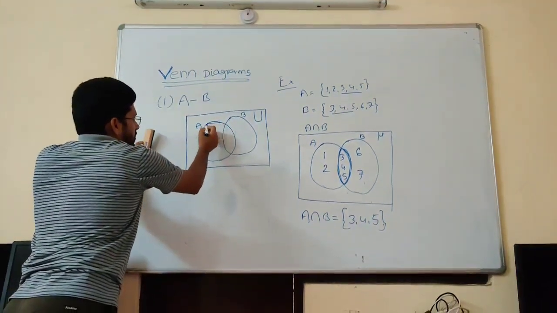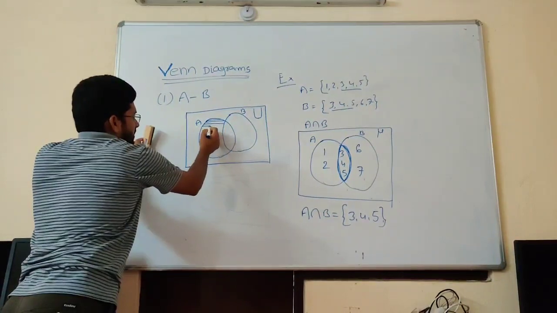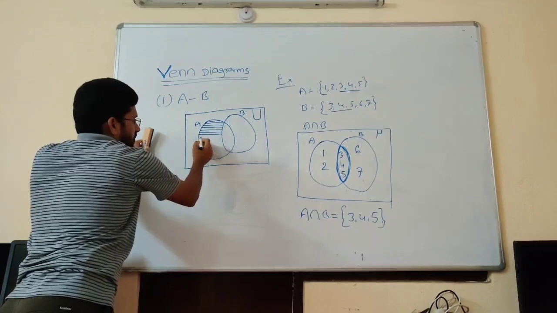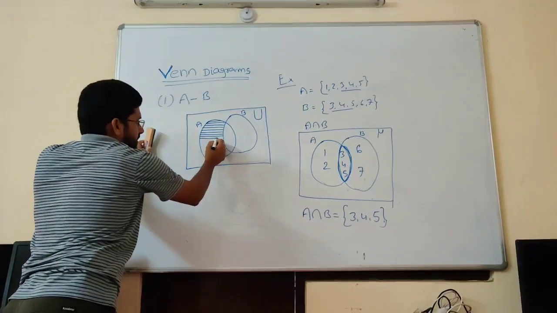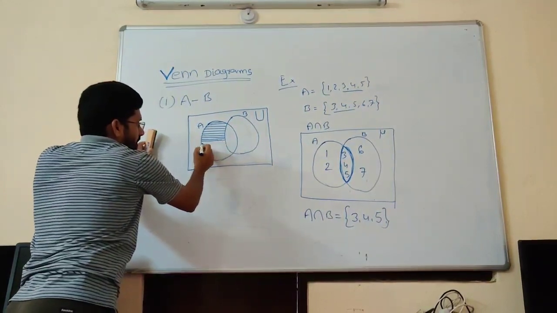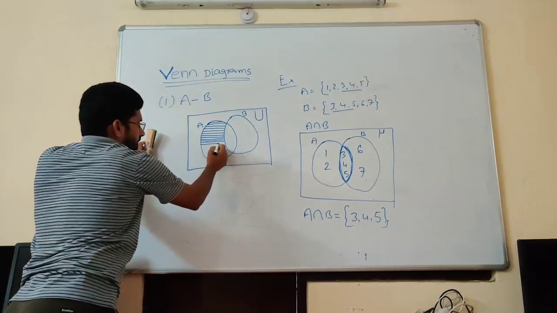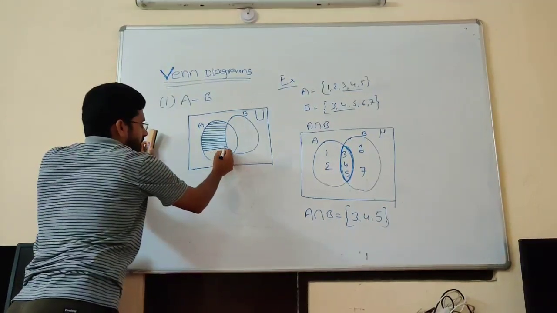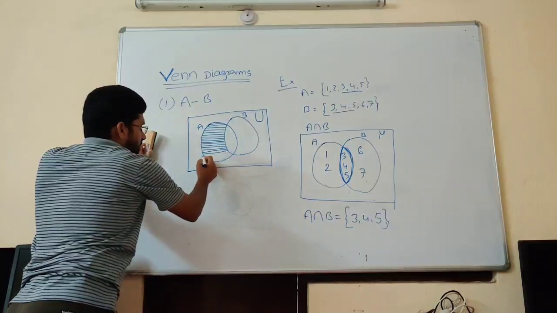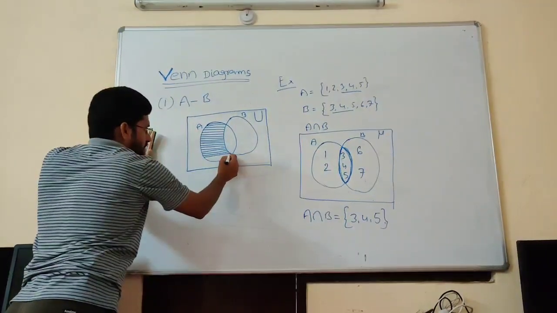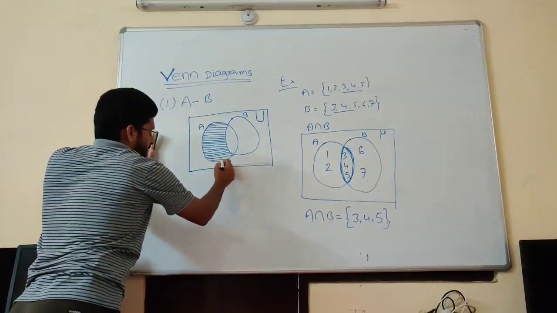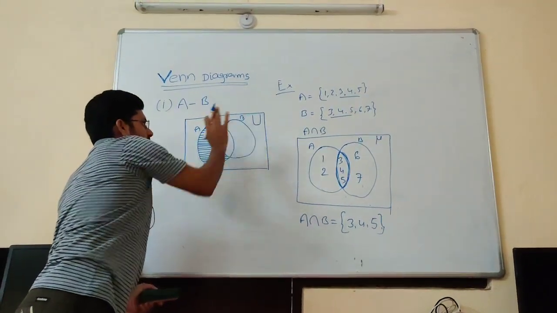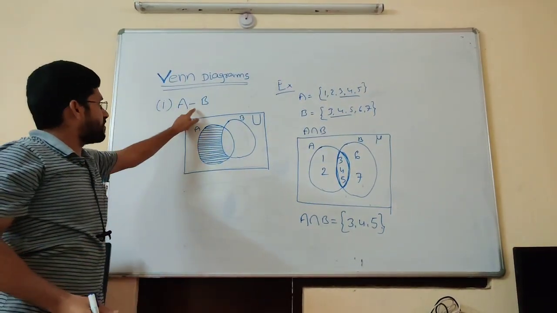Look here, now A minus B I am taking, this is A minus B. Observe here, I am not going to extend this line over the complete set A, just till where set B is overlapping set A, just I am taking that as the border. That means the part which is not represented by B, I am not taking here. Just I am taking A. But in this set, completely set B we avoided. So this is A minus B.